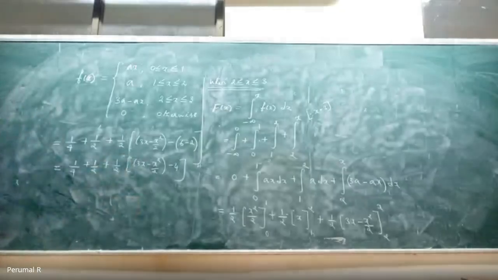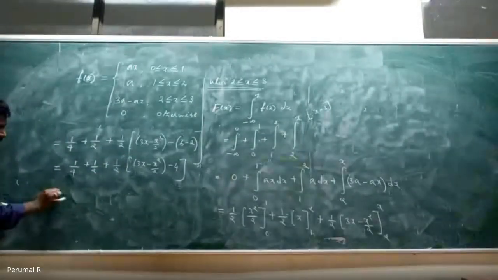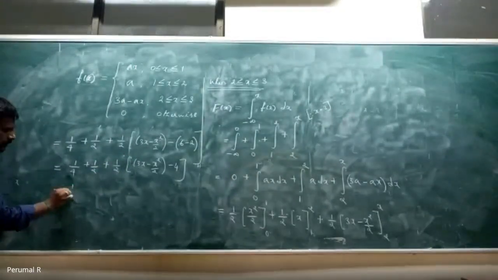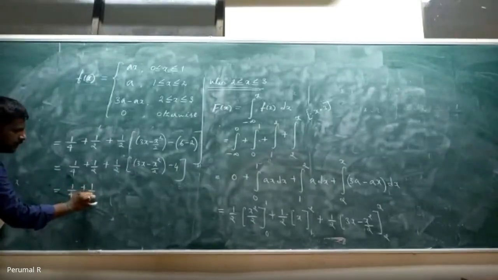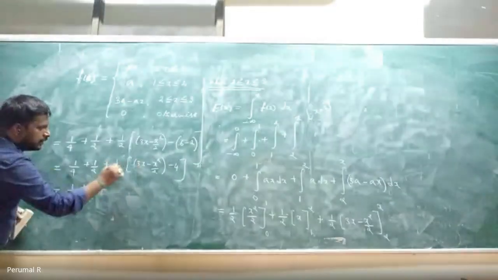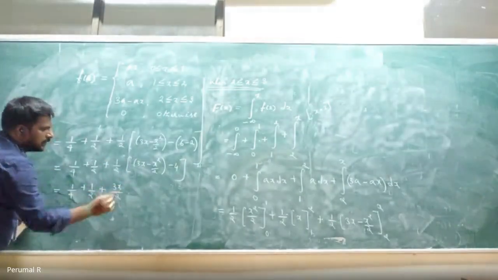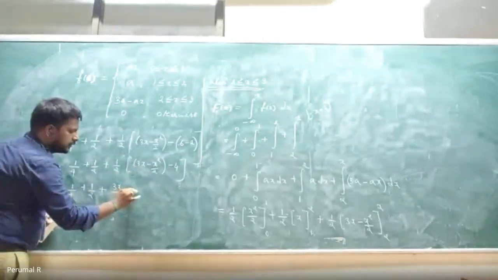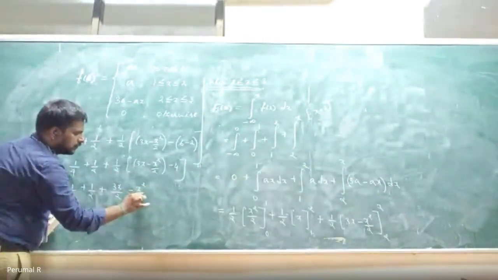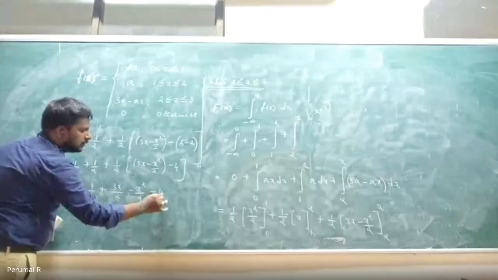Now simplify that one. So now 1 by 4, 1 by 2, this is 3x by 2, this is minus x squared by 4, then minus 4. Now you can take the common LCM.